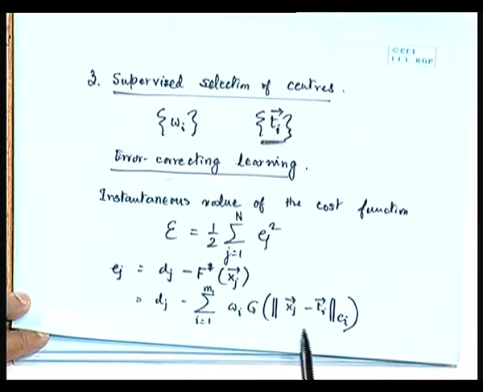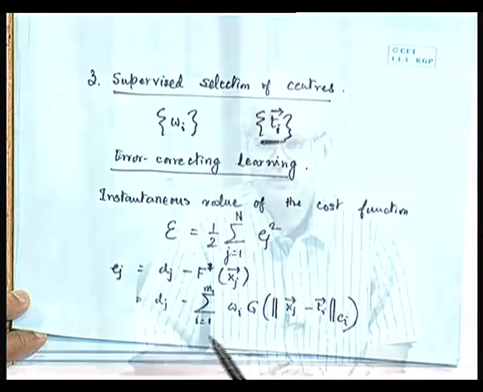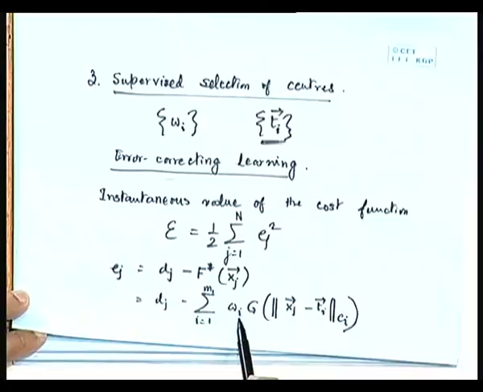In Ej's expression, there is a Dj which is of course independent of W, and only here we have some terms that involve W_i.